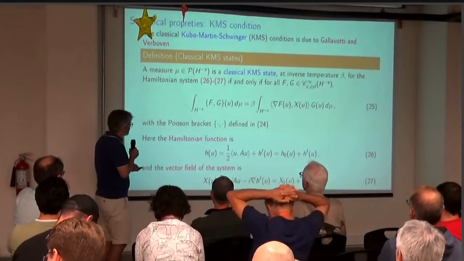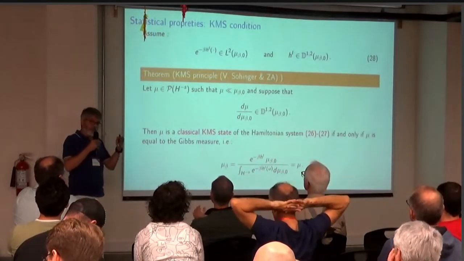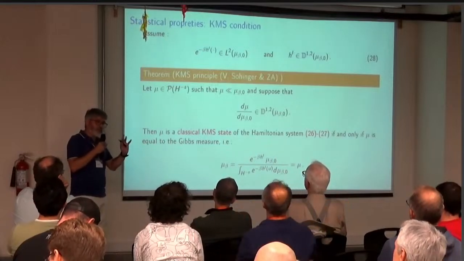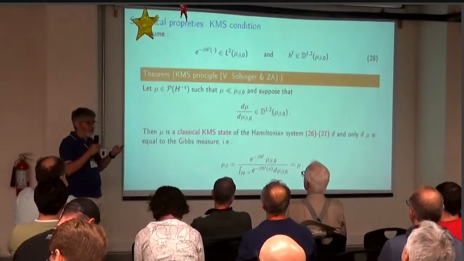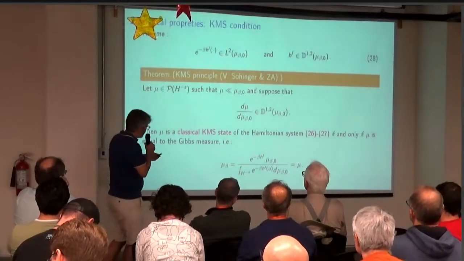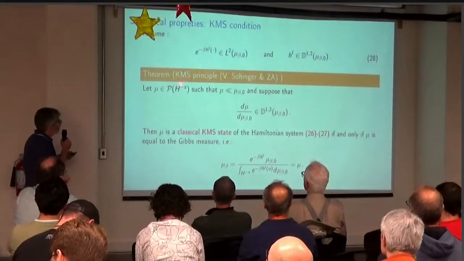Okay. Let's now come to the problem. I said that entropy is enough as a tool to characterize the Gibbs measures. How about the KMS condition? Is it really able to characterize Gibbs measures or not? This was our question with Badran. So we set a sort of KMS principle.